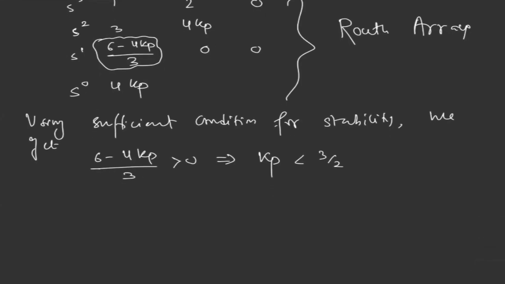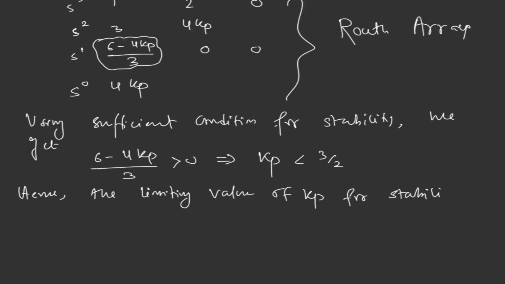Hence, the limiting value of kp for stability is kp equal to 3 by 2. Why? Because for this value, the row for S1 will be 0.